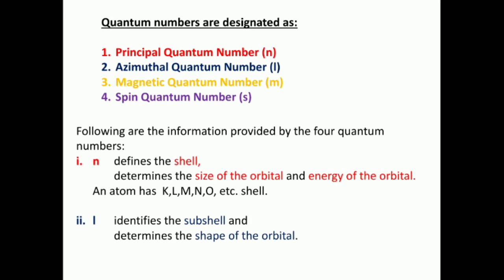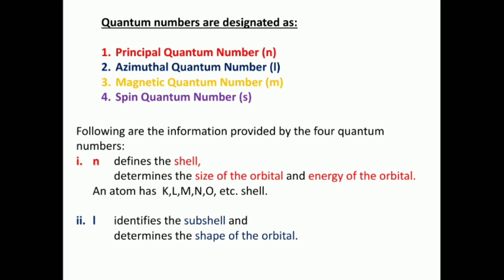But here in class 11 it will not be denoted by K, L, M, N, but by 1, 2, 3, 4, which we will see when writing the electronic configuration later on. The principal quantum number also determines the size of the orbital and the energy of the orbital.